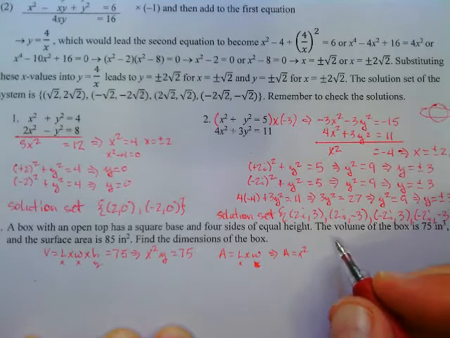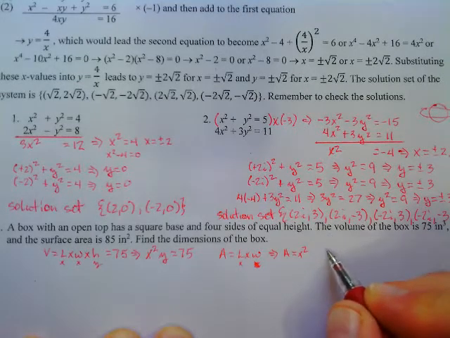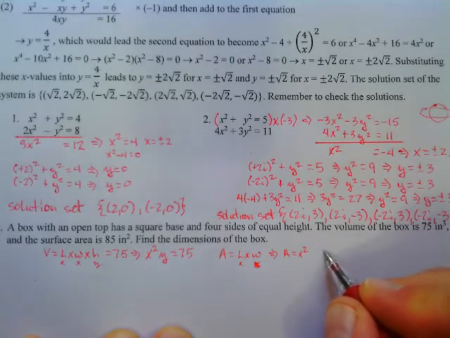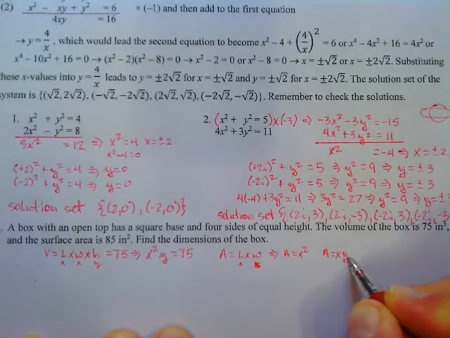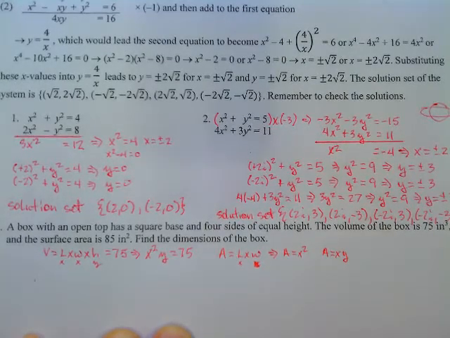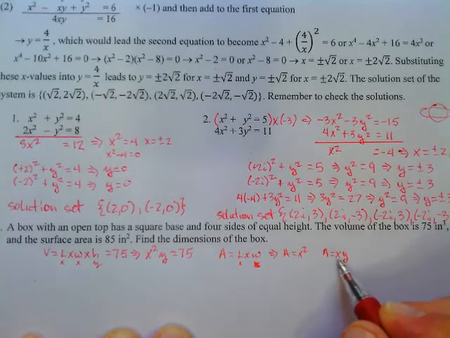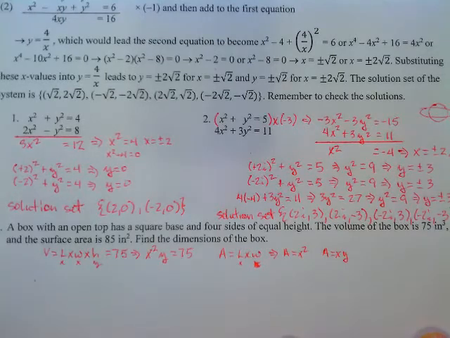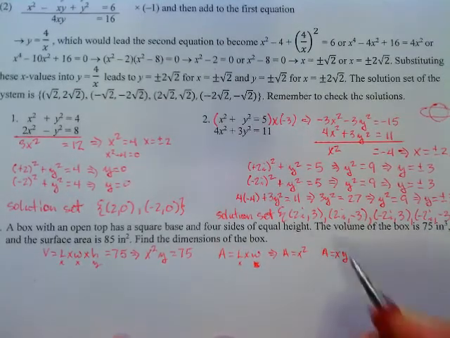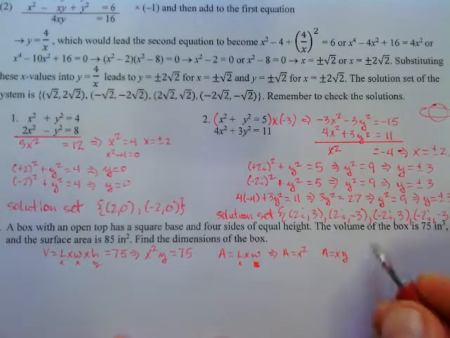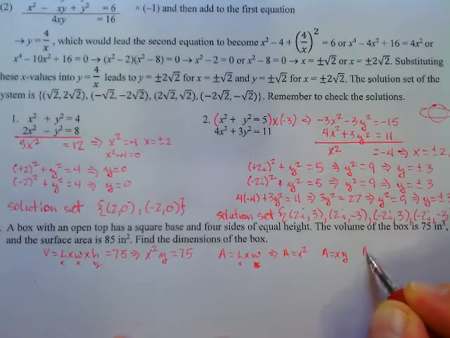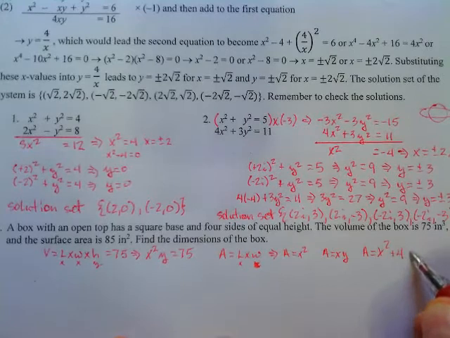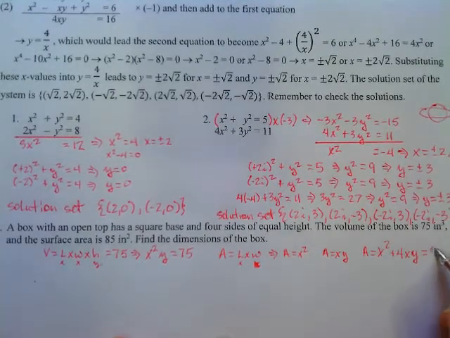However, for the sides, our height is the y. So for the sides, it's going to be A equals xy, and of course there are 4 of them. Again, this is a side at the base, and this is our height. So that means our total area, the base and 4 of these, will equal the base, x squared, plus 4 sides, so 4xy, and of course that is our 85.